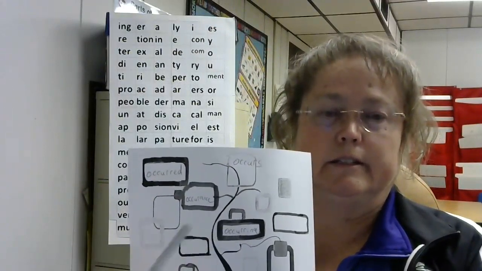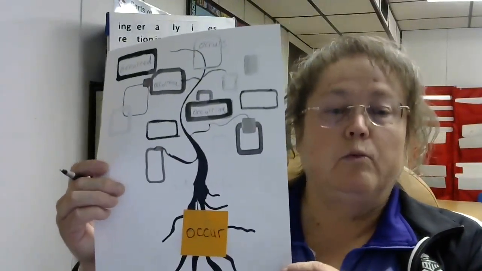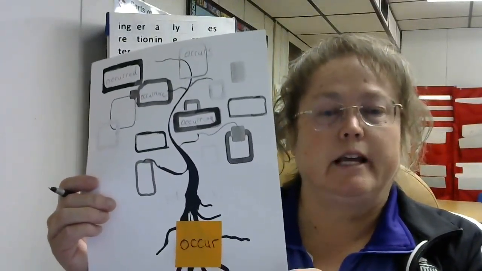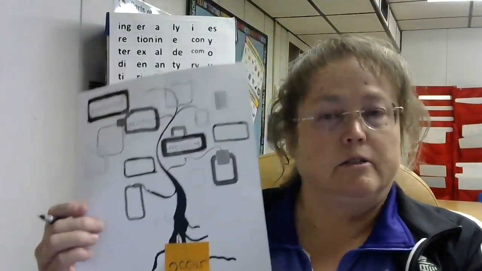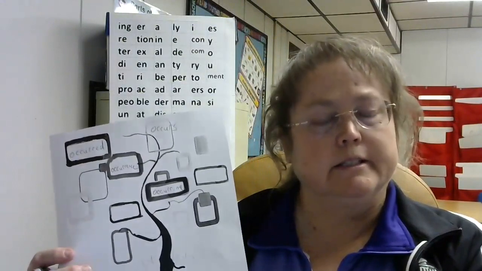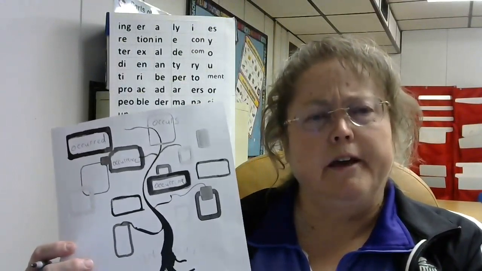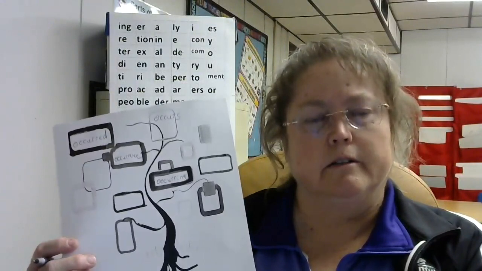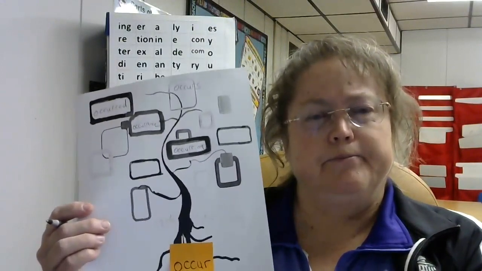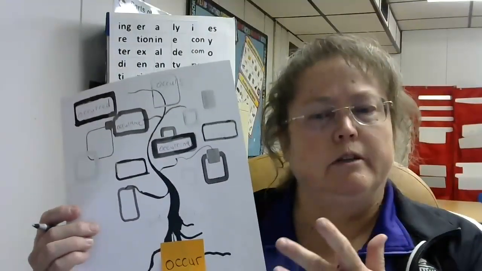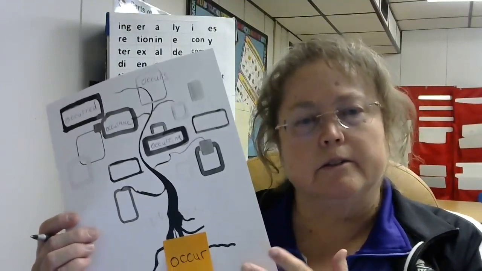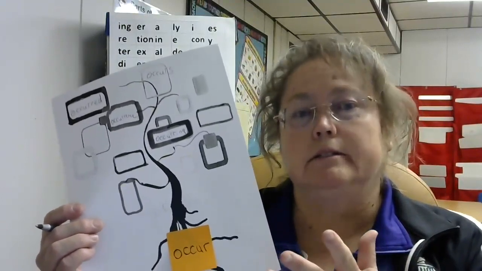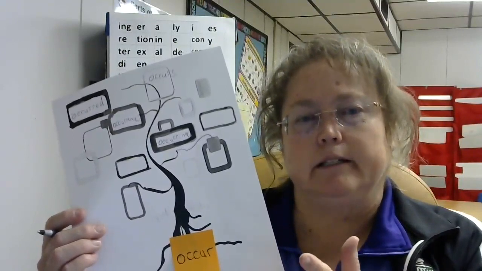occurring, and occurrence. So what I want you to do is to take all of your words and combine them with suffixes and prefixes and see, oh yeah, that actually is a word that I can use. And something that you will get familiar with, if you hear the word occurrence, then you'll be able to say, oh yeah, I know the root word is occur, so occurrence must have to do with something that's happening.